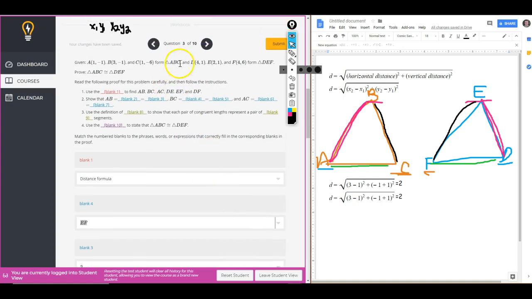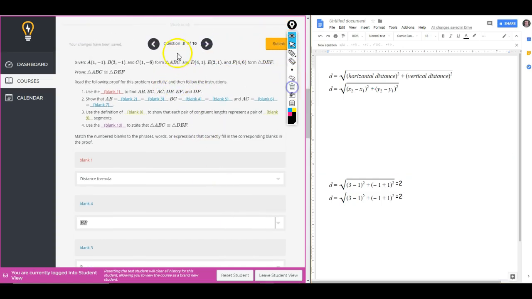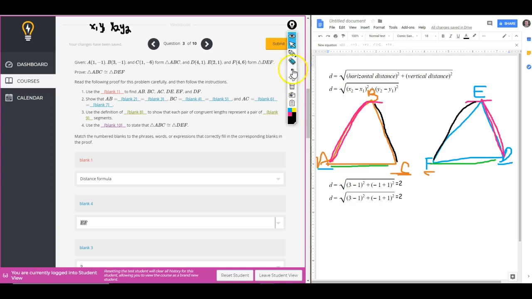Now E is going to be our x1, y1, and F is going to be x2, y2. So x2 is 4 minus x1 is 2, and y2 minus y1 is 6 minus 1.